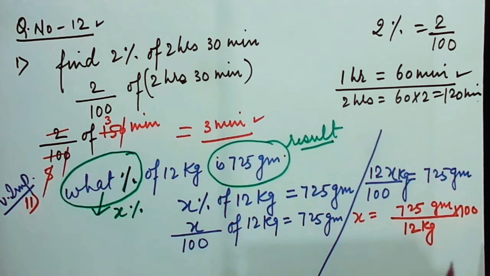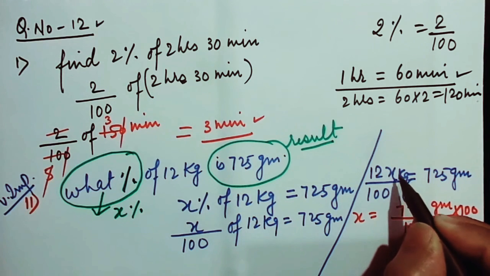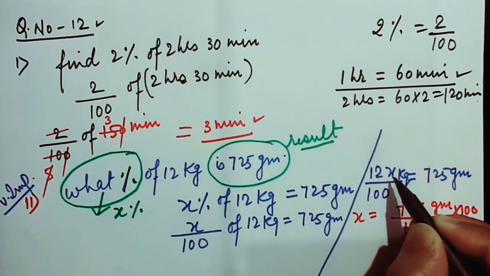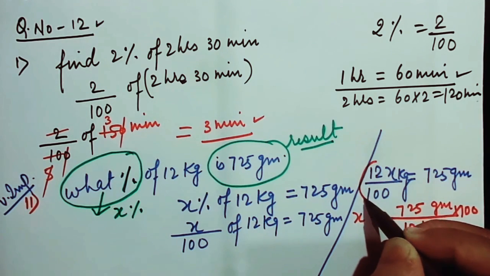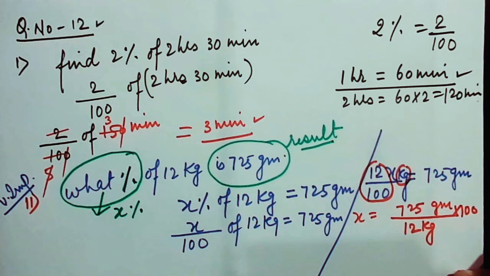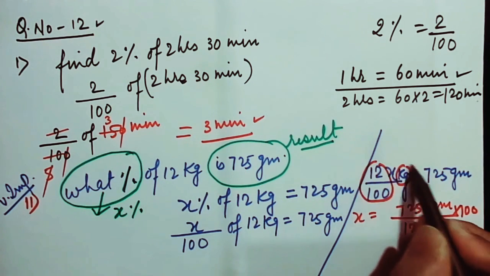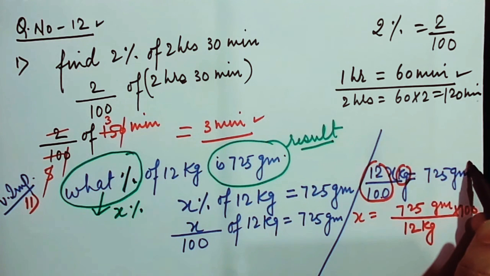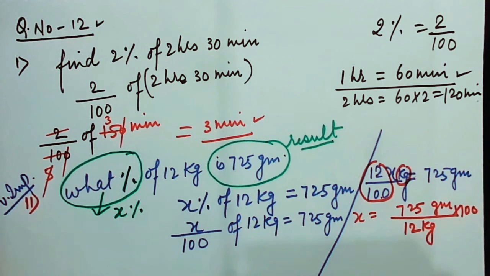Okay? Once again, when I am finding the value of x, then I have to transpose this 12 by 100 kg onto the other side. So the numerator over here will come here and the denominator will go on the top. Okay? So on cancellation, let's cancel this.